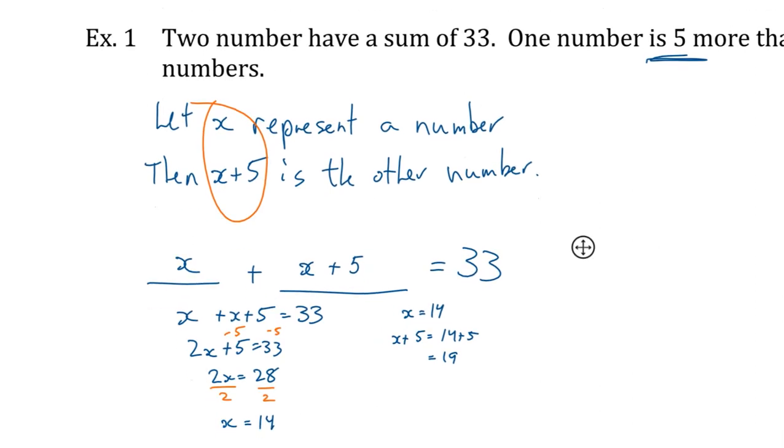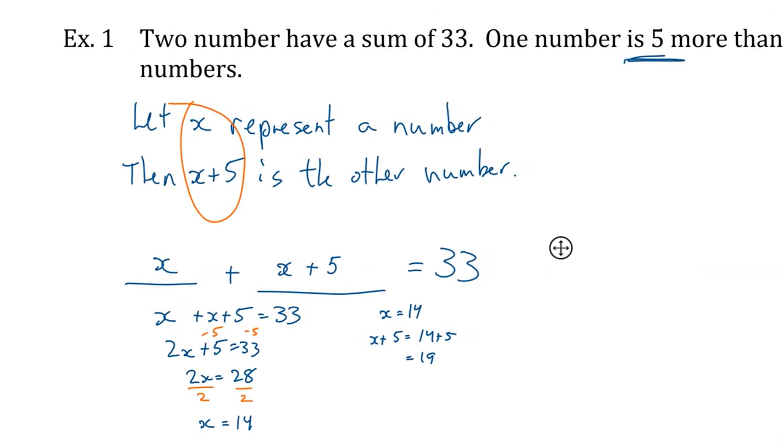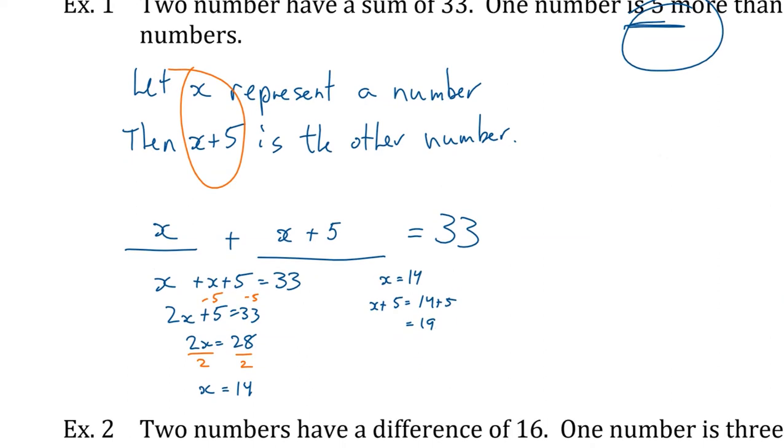It works. 14 plus 19 is 33. Two numbers have a sum of 33, so they add up to 33, and one is 5 more than the other. Is 19 5 more than 14? Yeah. Is 19 5 more than 14? Yes. Do they add up to 33? They sure do. So those are the numbers.